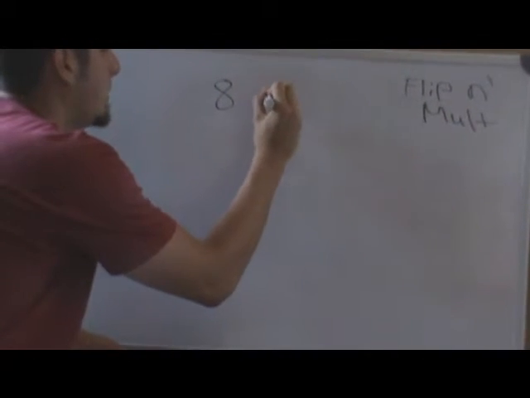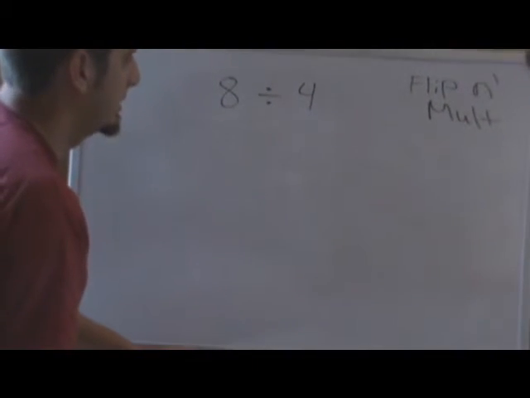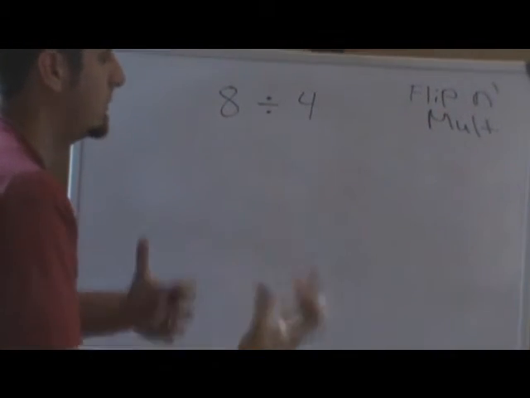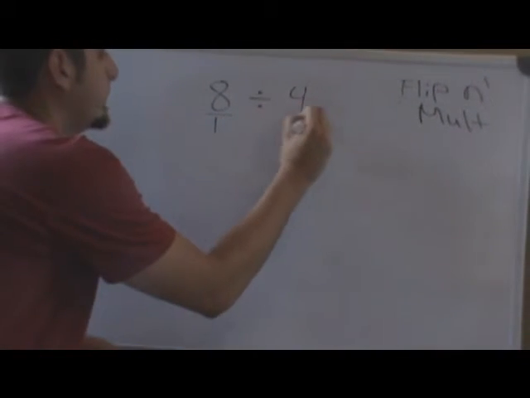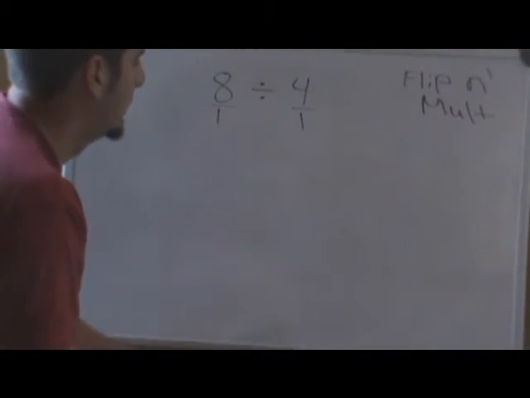Let's take a problem that we're all probably used to, which is 8 divided by 4. Should get us an answer of 2. Now, when you have whole numbers, if you want to make them into a fraction, you just put it over 1. This still gets me an answer of 2.